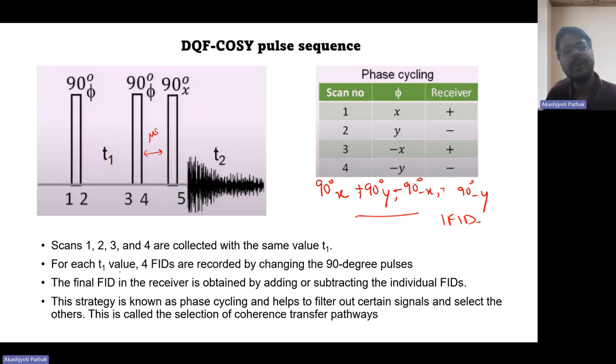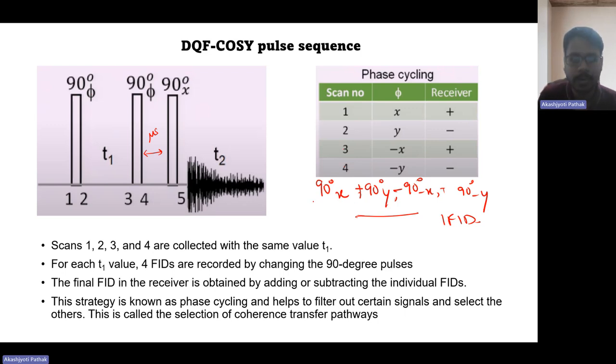Okay, so for each T1 value, four FIDs are recorded by changing the 90° pulses in this format: first X, then 90° Y, then 90° minus X, and then 90° minus Y. The final FID obtained in the receiver is the addition or subtraction of these individual FIDs.